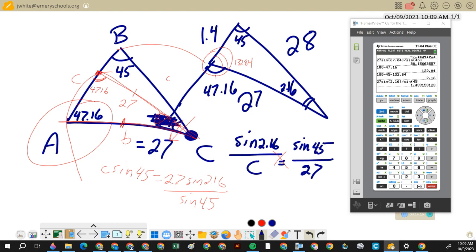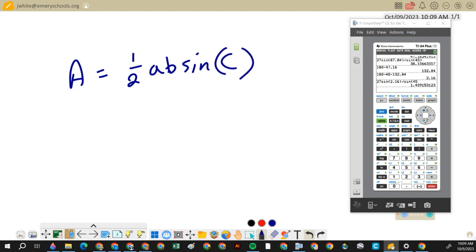And then don't worry about, oh, sorry. There's a formula for 25 through 28. The area of a triangle is equal to 1/2 AB sine C. There's a good chance there will be an ACT question like that.